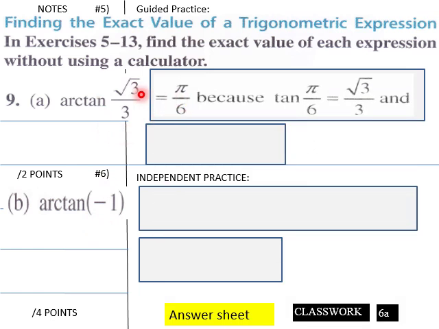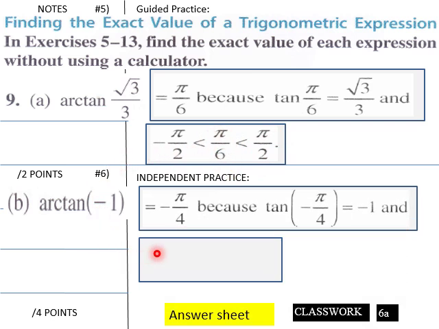It would equal pi over 6, because tan of pi over 6 equals square root of 3 over 3, and it is in the interval between negative pi over 2 and pi over 2. And then arctan of negative 1 equals negative pi over 4, because tan of negative pi over 4 equals negative 1, and it lies in this interval as well.